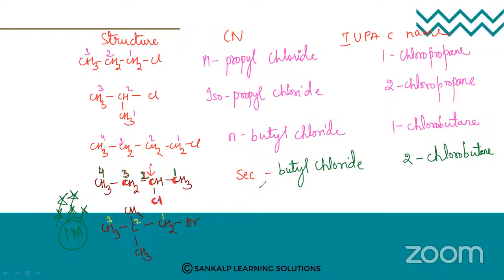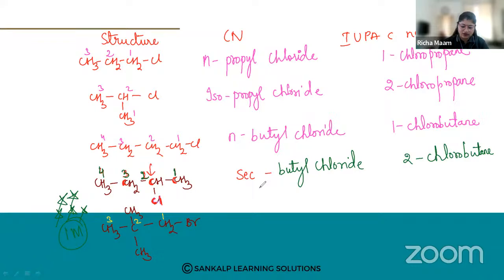Isopropyl bromide? Not tertiary. Isopropyl? No. Okay, CH3, CH2, CH3 thrice. CH3C, CH3 thrice, CH2Br.